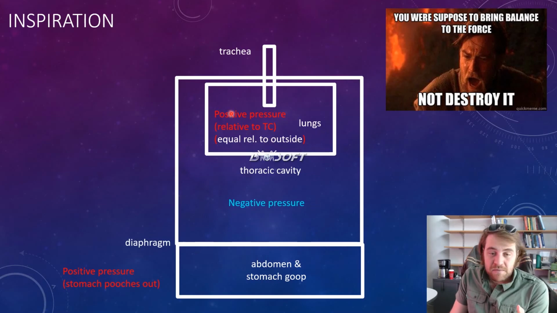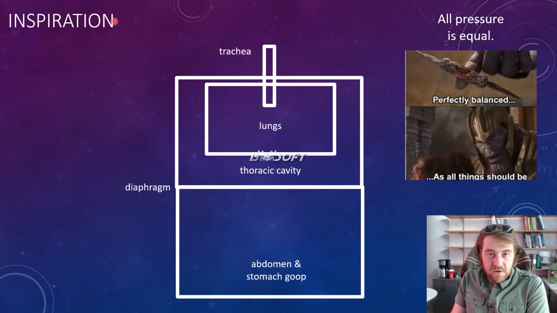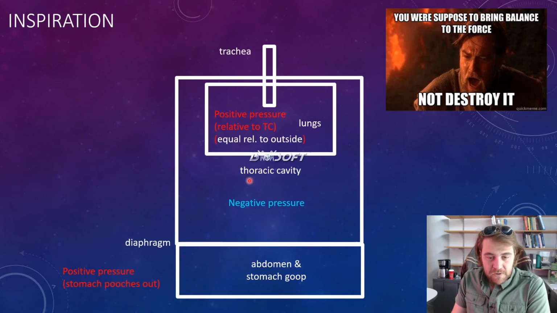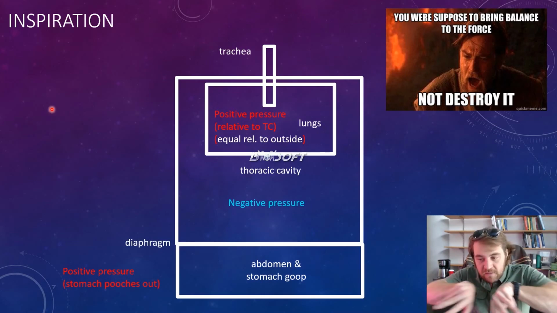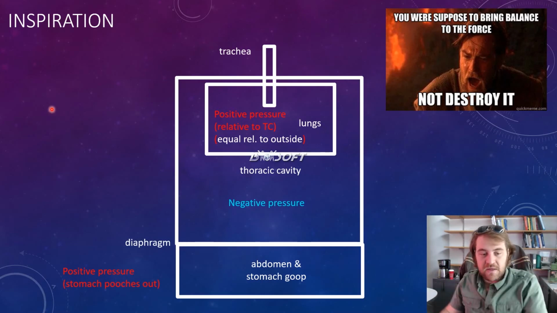This is the same pressure as the outside because it just came from this state where everything was balanced. So now this is less pressure. This is equal to the outside, but it's positive relative to the thoracic cavity. So all of the molecules in here are pushing on the outside of the lungs. They're pushing to make the lungs expand.